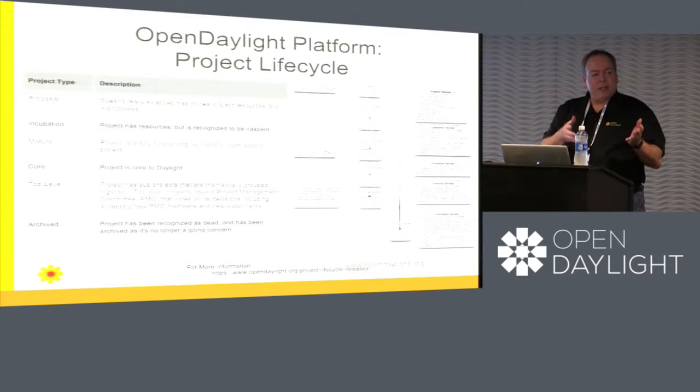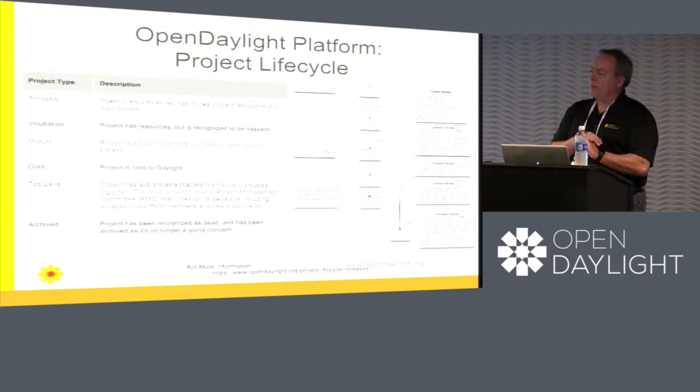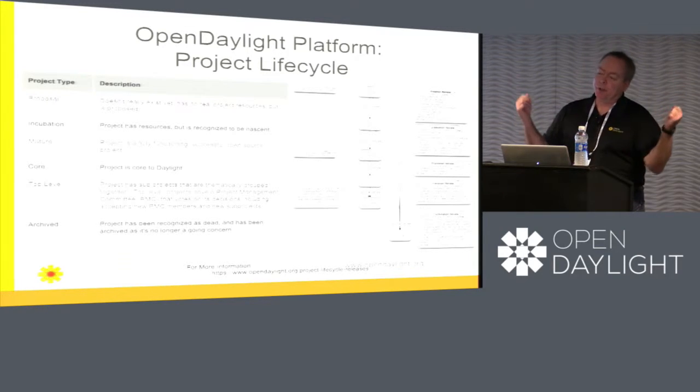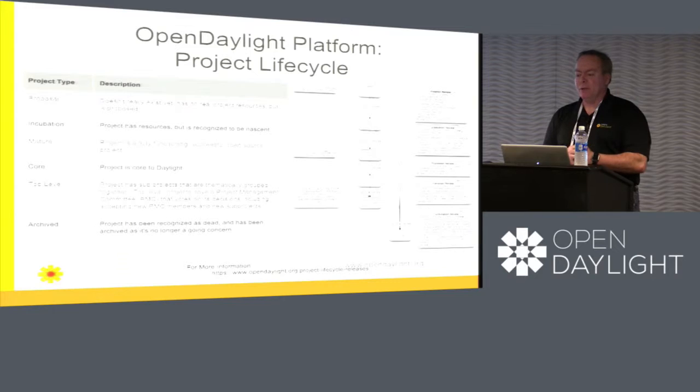That's the fundamental process. Again, as long as you are doing something that isn't going to clearly break everybody else, and you have identified folks that are going to work on this project, by and large, you are accepted. And then, of course, you can't have any IP encumbrances on any code you are going to bring forward.